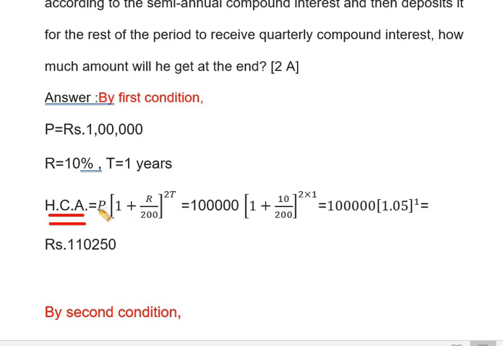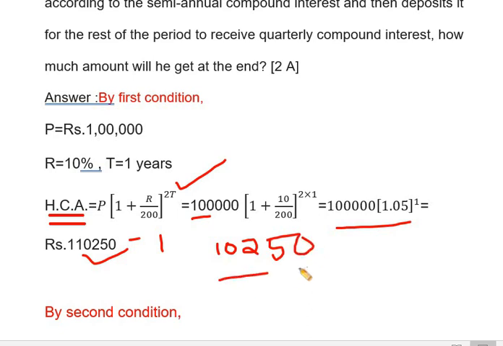Compound amount is P(1 + R/200)^(2t), with P equal to 1 lakh. Now calculate this value and you will get 1,10,250. If you subtract 1 lakh, you get 10,250 rupees as his compound interest after 1 year.